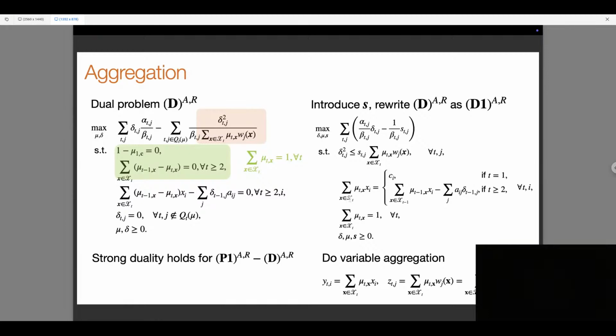Here we introduce y_ti, that is the summation of mu_tx and x_i, and z_tj, that is the summation over mu_tx and w_x, which will equal mu_tx, since there's only one indicator under the summation.